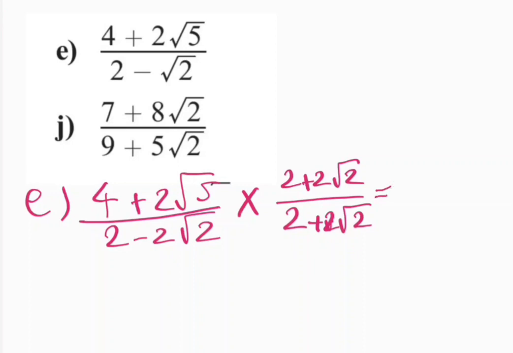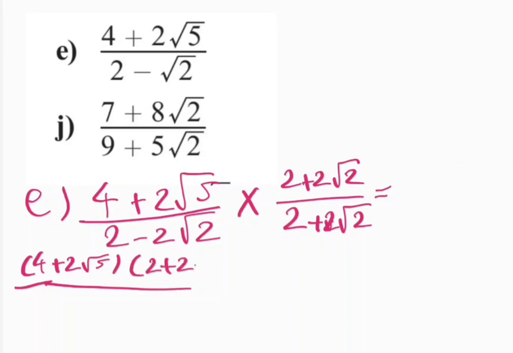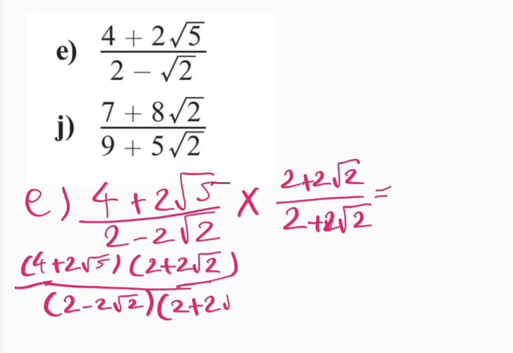And now it's just a matter of expanding, so we should be careful when it comes to expanding these sort of brackets. So I suggest you always put them in separate brackets, so that it will be clear for you. And now in the denominator we have 2 minus 2 root 2 times 2 plus 2 root 2. Now we just need to expand them, so like 4 times 2, then 4 times this, and so on.